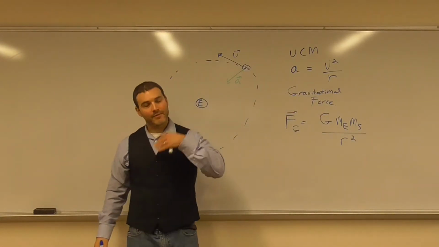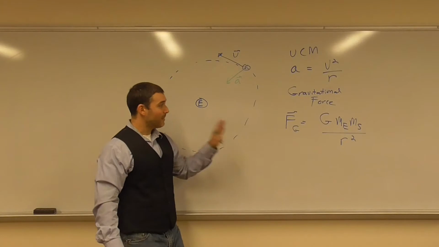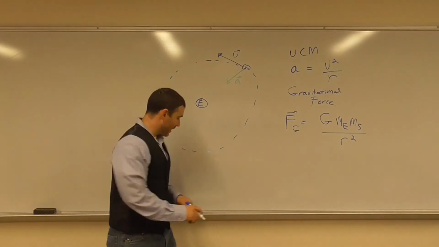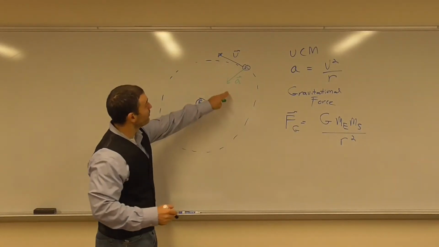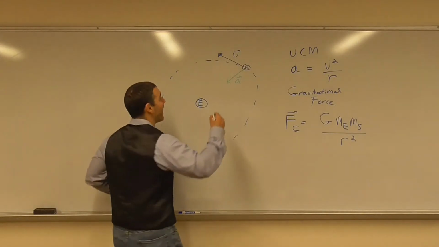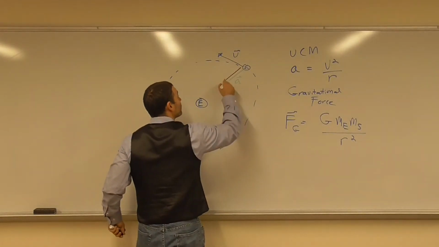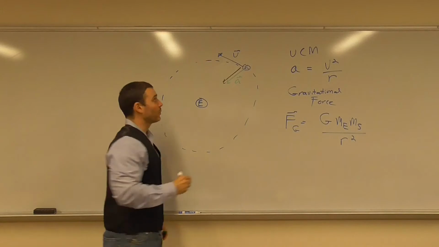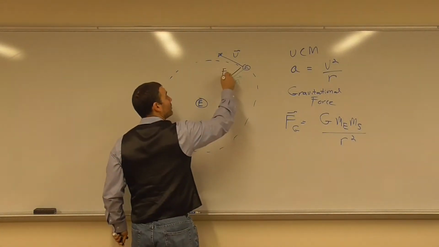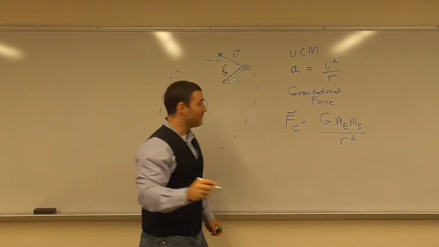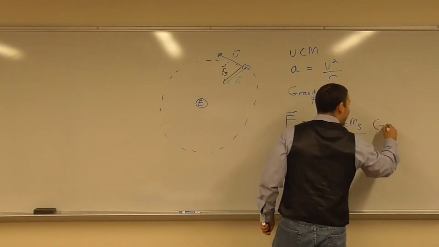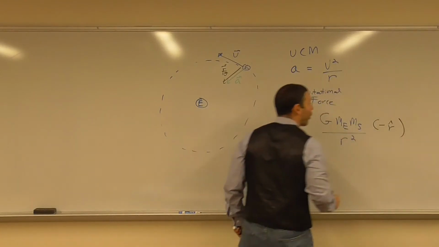Now the tricky part that you have to think about here is that because it's a vector, it points. And I think you'll agree that in order to produce this acceleration, I need a force that also points radially inward. The force due to gravity. Now radially inward means it points in the minus r hat direction.